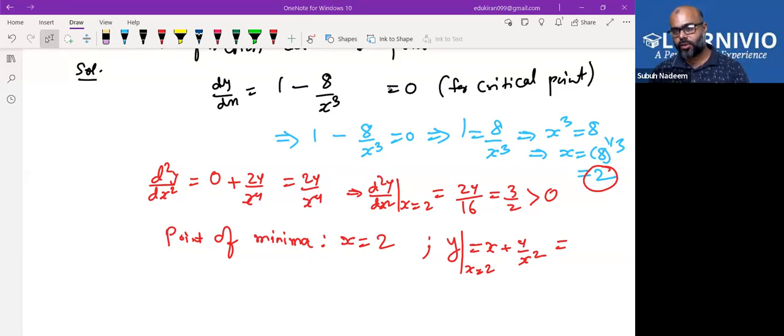Three. So this will become 2 plus 4 by 4, which is 2 plus 1, that is 3. That will be your answer, right? So the minimum value is 3. So one answer is this. This is the point of minima and this is the minimum value.